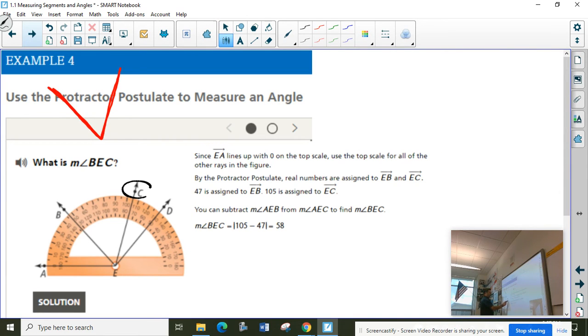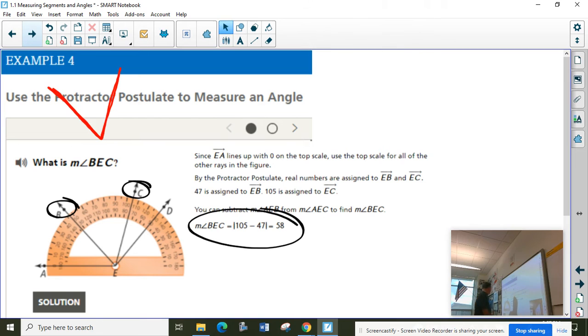C here is at 105. B here is at 47. So what is that angle? As you notice, they did it with an absolute value. So they did 105 minus 47 to get 58. Okay?